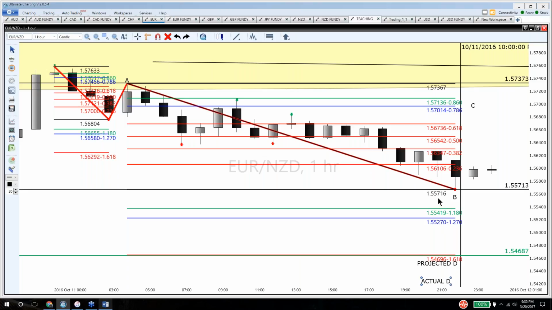It's not yet time for this, but based on this information, can we identify the C? Where's my C? Do I have a C? We're not talking about entry, we're just talking about how to identify the ABCDs at this point.